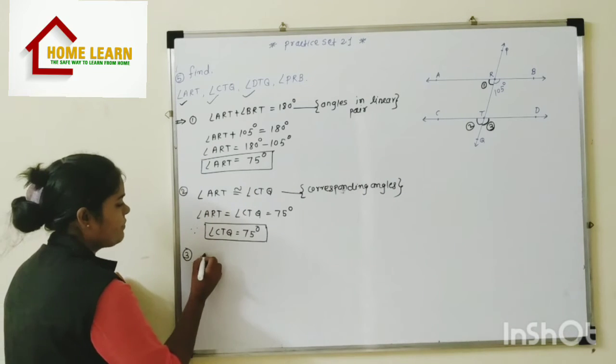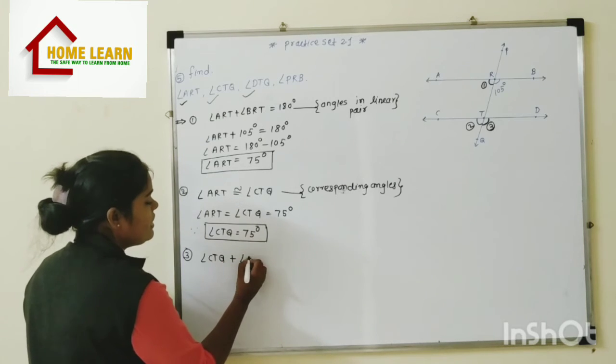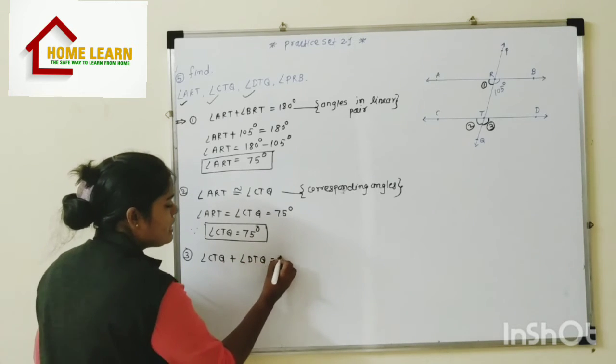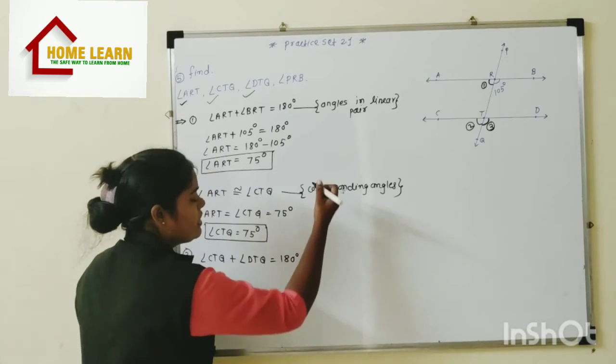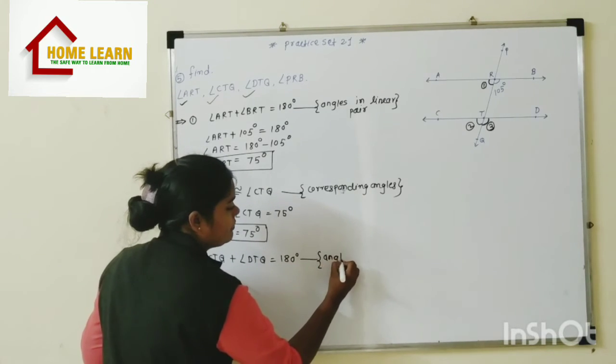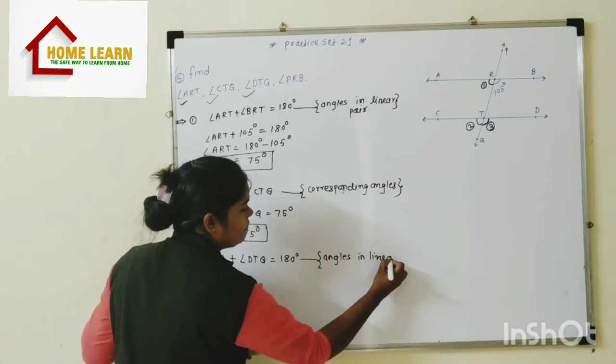So right here, angle CTQ plus angle DTQ is the sum 180 degrees, and we write here the reason: angles in linear pair.